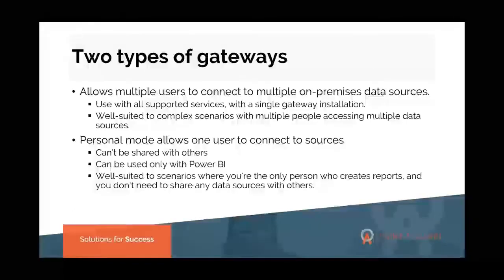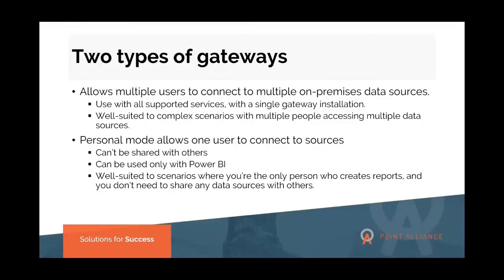There are two types of gateways for each different scenario. One is a multi-user scenario that allows multiple users to connect to multiple on-premises data sources. And with a single gateway installation, you can use the on-premises data gateway with all the supported services. This gateway is well suited to complex scenarios where multiple people need to access multiple data sources.